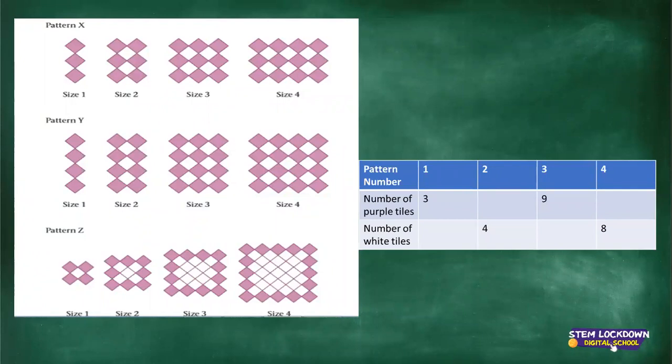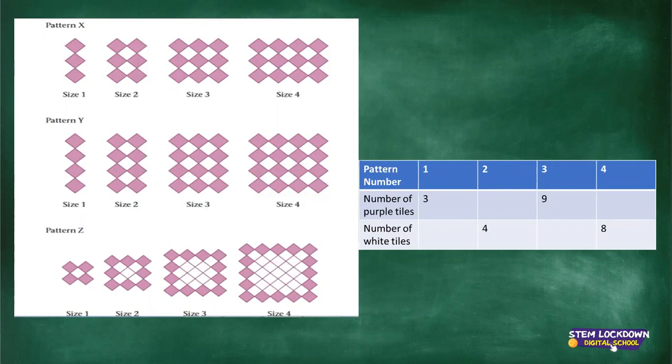For size 1, we have 4 purple tiles. For size 2, we have 8 purple tiles and 3 white tiles. For size 3, we have 12 purple tiles and 6 white tiles. For size 4, we have 16 purple tiles and 9 white tiles.